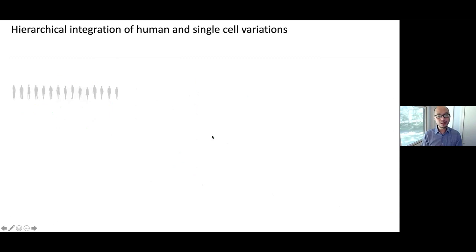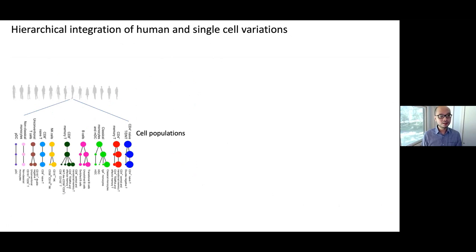So I just want to highlight one aspect in thinking about this kind of analysis. What kind of variation do we see? As I mentioned, there's the subject-to-subject variation. And then for each individual at a given time point, you can decompose the single cells into cell populations within which you still have single-cell level information, and you can look at, for example, how a particular protein or phenotype may vary in that population of cells.